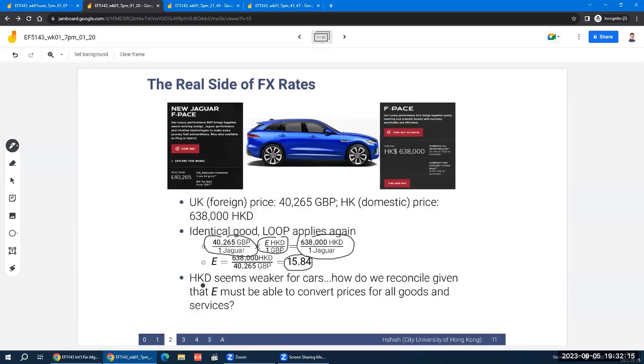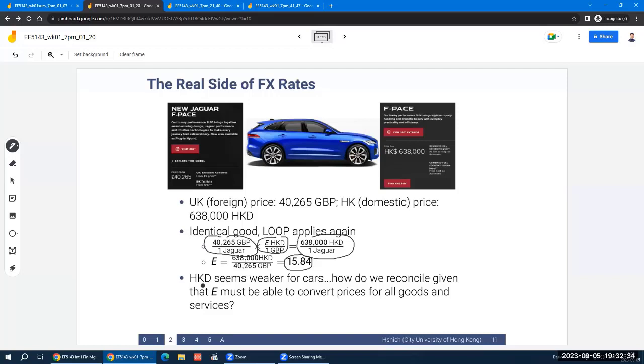Yes, exactly. Tariffs have been a big thing since Donald Trump. There are tariffs for literally everything now between China and many countries. And Hong Kong probably has very high tariffs for importing cars. And that tariff will most likely be passed on to the consumer.